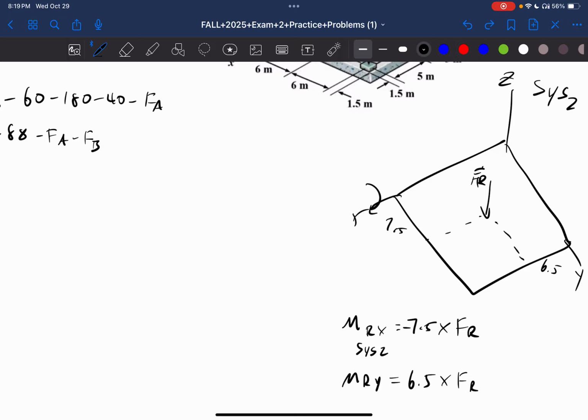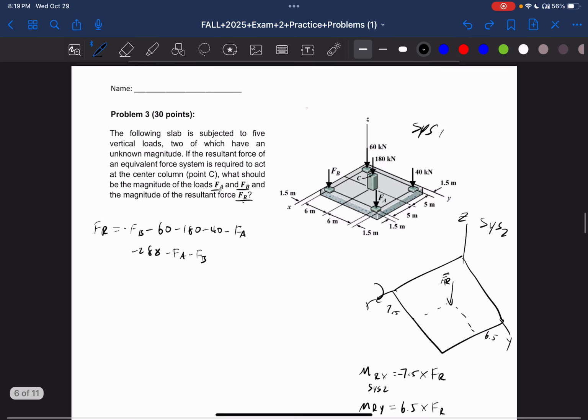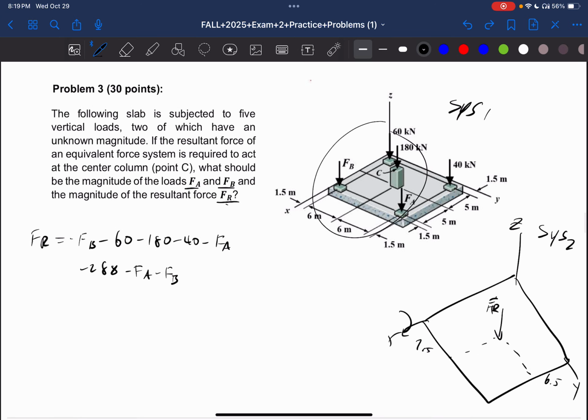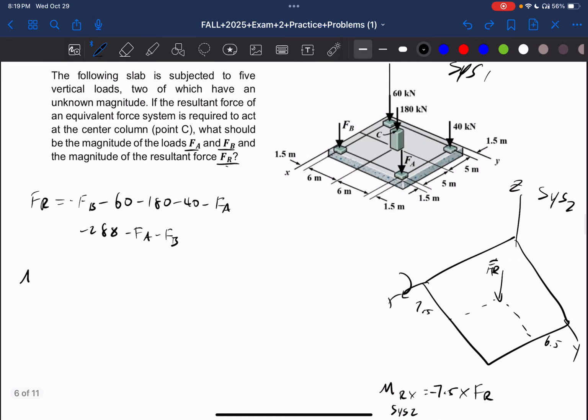So basically, that's what we need. The sum of the moments about x of system 1 is going to be equal to these two forces right here, and all of this is going to be in the clockwise direction, which is going to be negative.